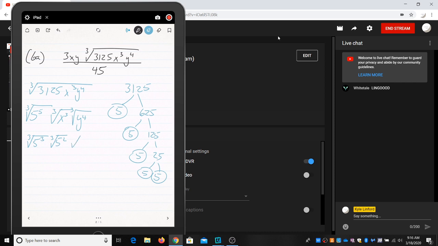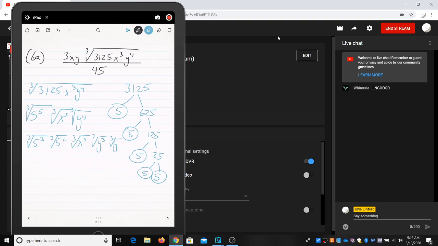And then the cube root of x cubed, I know that's going to simplify. For the cube root of y to the 4th, I'm going to put 3 y's here and 1 y here. You know things can break down if their exponent is larger than the index. So when we have y to the 4th, I know I'm going to have 3 y's in there. If I have 5 to the 5th, I know I'm going to have three 5s in there somewhere, okay?